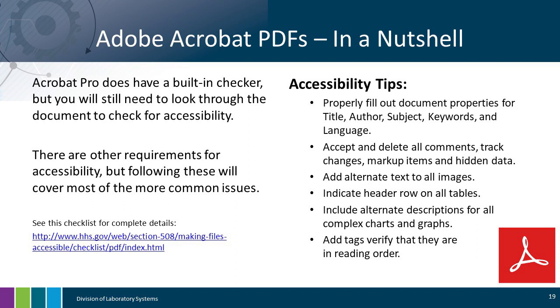So once again, do all those keywords, fill out all the properties of the file, accept all the changes, add alt text, header rows, charts, graphics, really all the same things that we've talked about before. Make sure all the reading order is right, because in a lot of these documents you could see in PowerPoint, in Acrobat, how the reading order works and what's going to get read first, what's going to get read last.